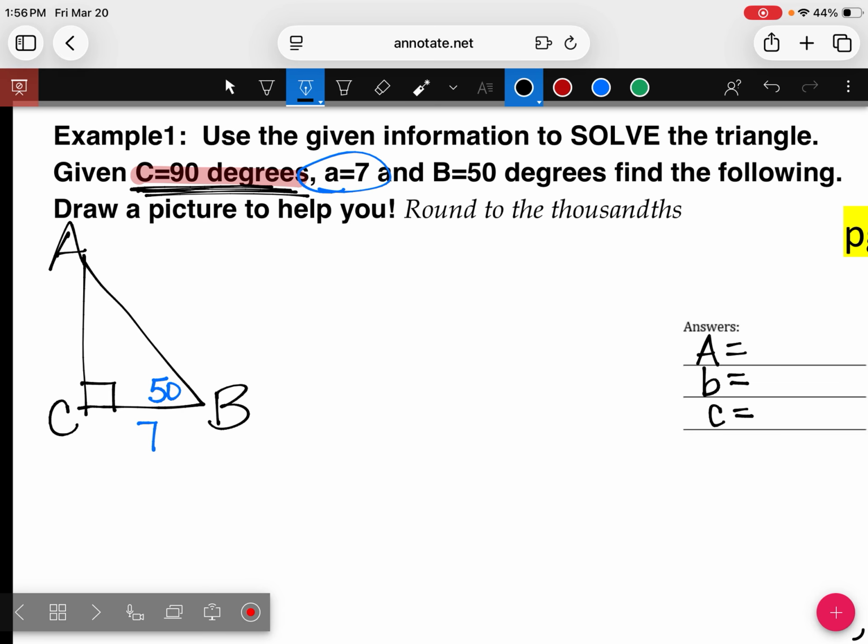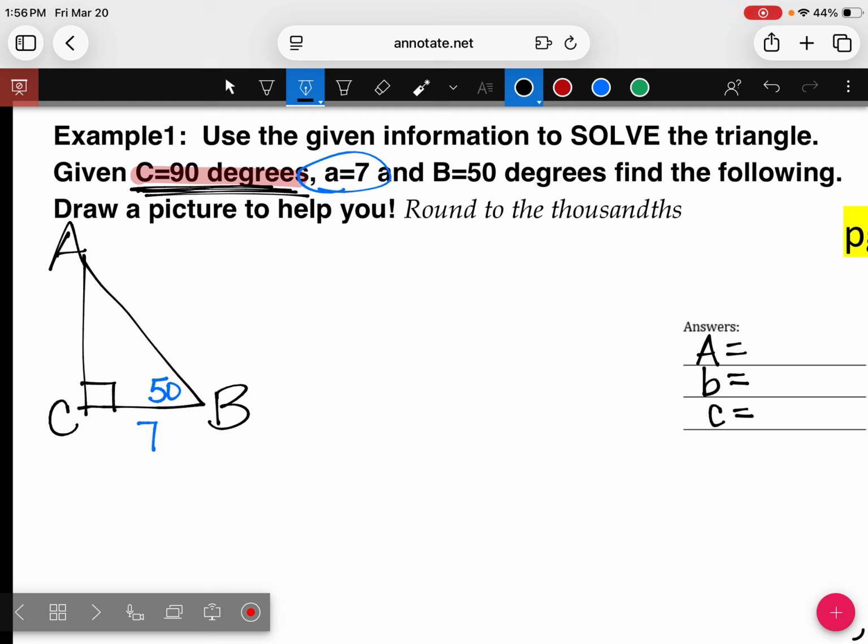Who remembers triangle sum? What do the angles, in every single triangle, no matter if it's a right, an obtuse, it could be isosceles, it could be scalene, it doesn't matter, what do the angles add up to on the inside? 180, good.